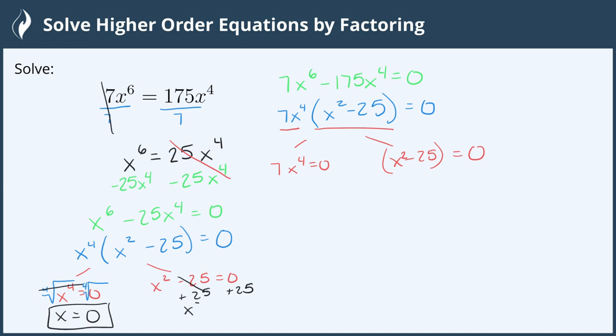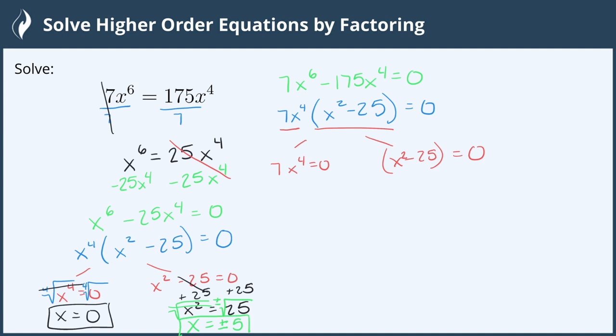And we end up with x squared equals a positive 25. And to negate the square, we will square root the x squared. And that leaves us with just x. But we must also square root the right side. And whenever we square root a number, we get the positive and negative answers. The square root of 25 is 5, so we get a positive and negative 5 for the answers here.